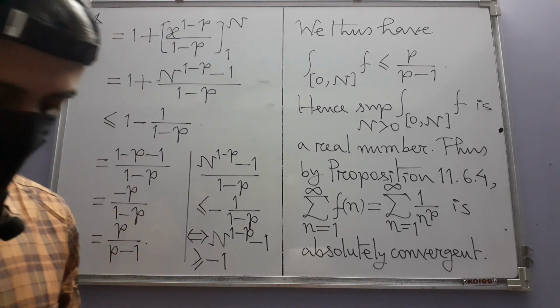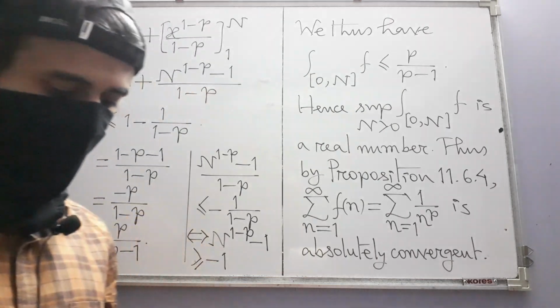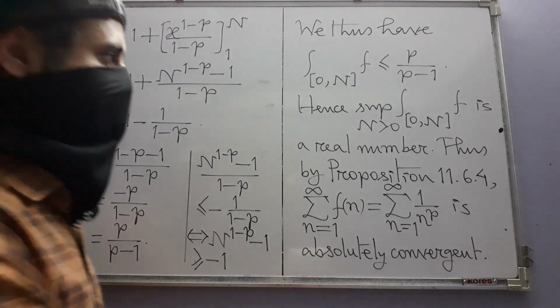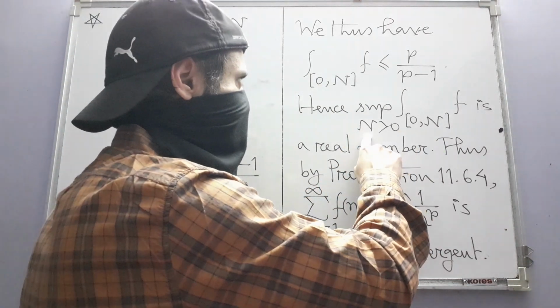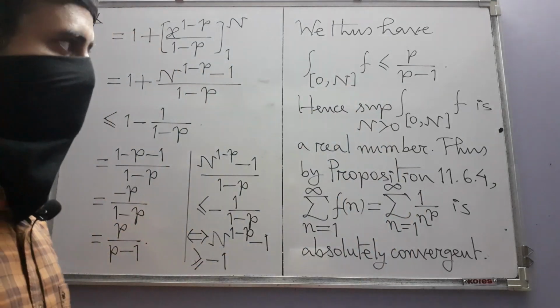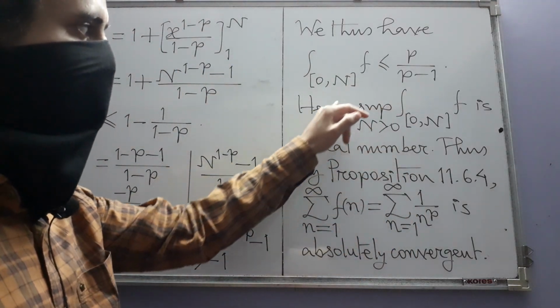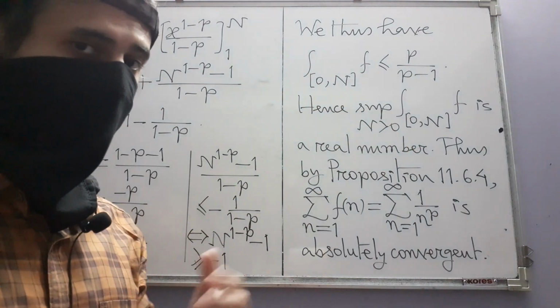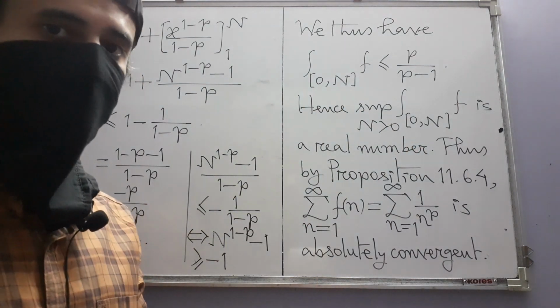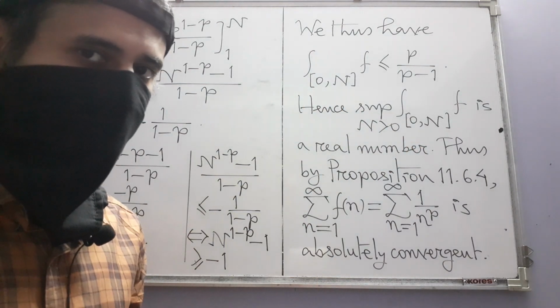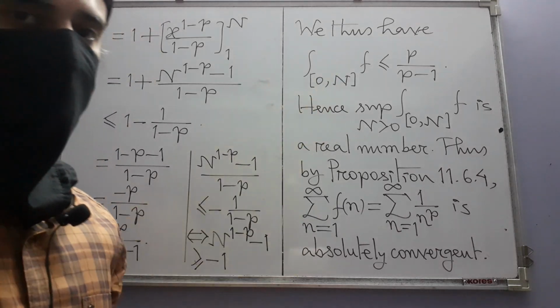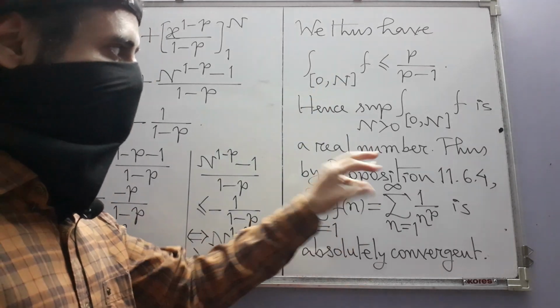Now, let me come back to that issue of this. I have chosen n to be greater than 1. Here, however, I am taking the supremum over all positive numbers n. What about the n's that are less than 1? I haven't said anything about them. So, is that a mistake?